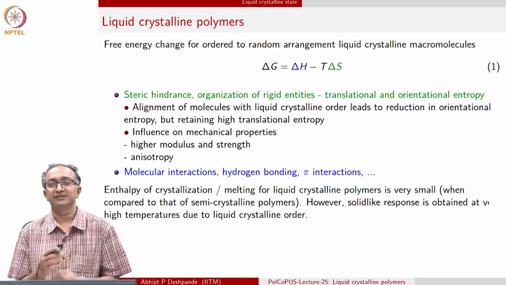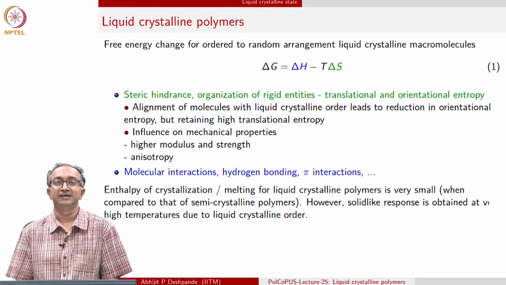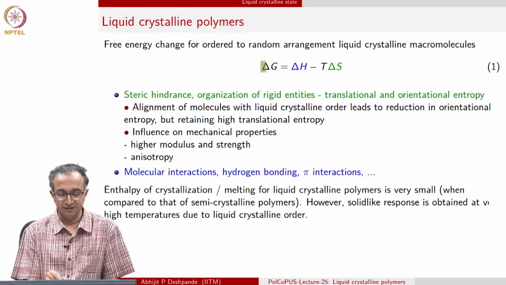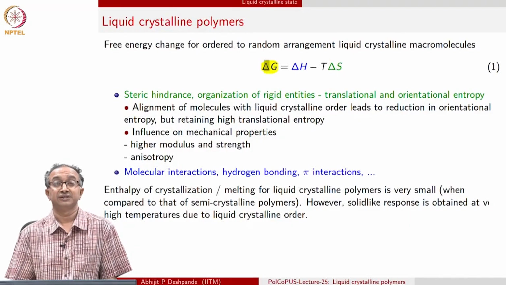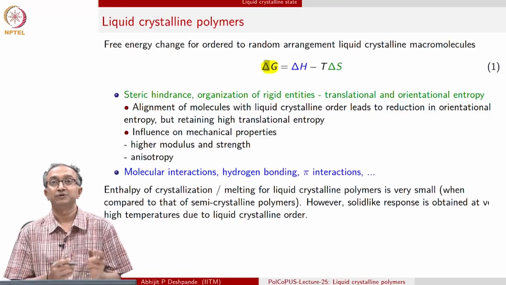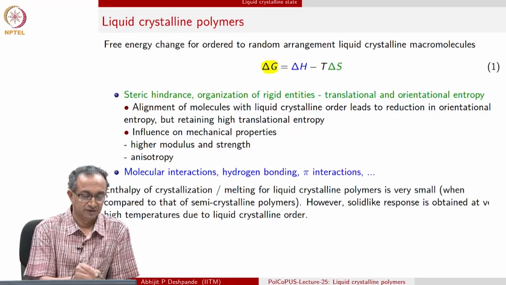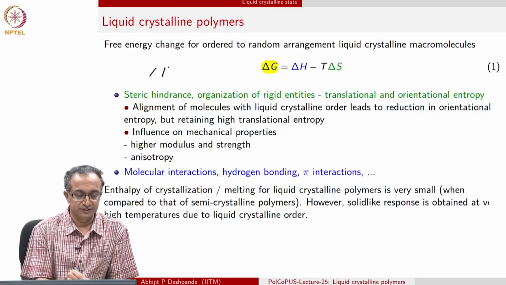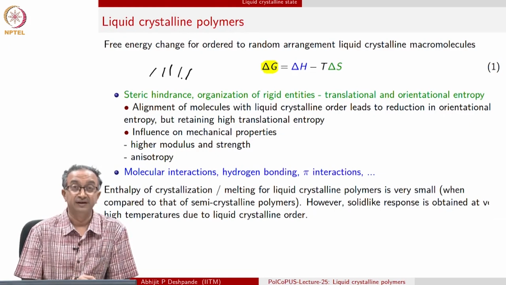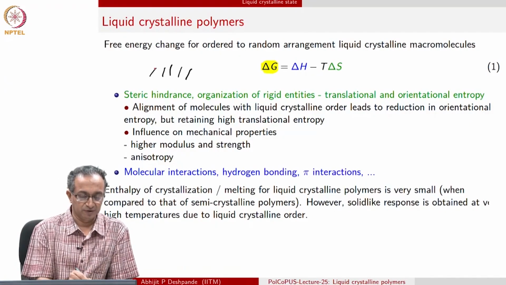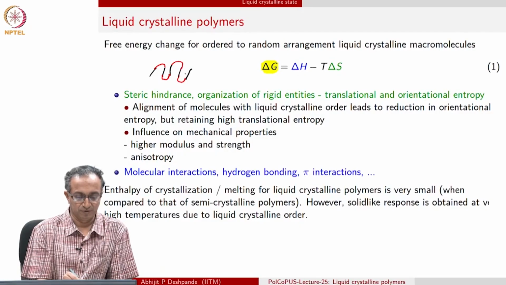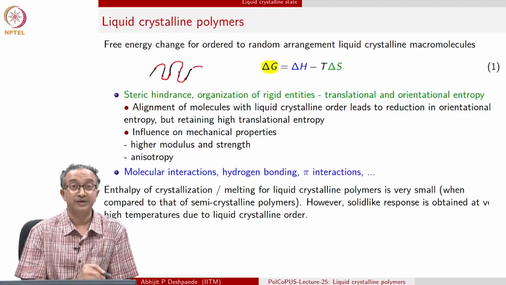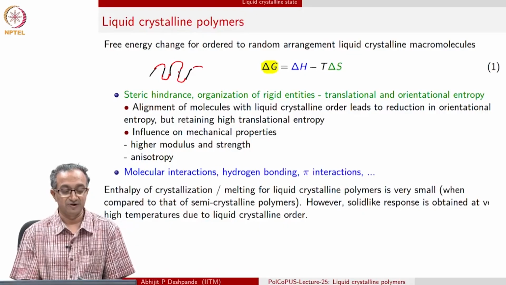Before we go on there, let us just look at thermodynamically what it means to have this liquid crystalline order. If we look at the free energy change for this transition between disordered and ordered mesogens of a macromolecular chain. So, I am not drawing the overall macromolecular chain, but you can understand that this is part of, let us say, a macromolecule, and then we are looking at the rod-like segments ordering themselves.